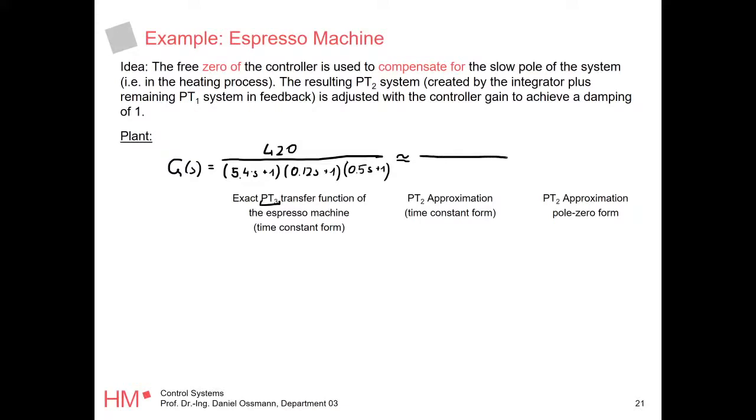We're going to say this term here is so fast that it doesn't matter. This eigenmotion is over so fast that we barely see it with the eye. And this is not something I said, you actually did that, because in the first lab exercise you did the identification of the espresso machine, you said it looks like a PT1, let's identify the PT1.